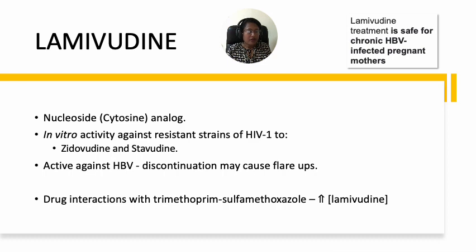Drug interactions with trimethoprim-sulfamethoxazole could occur, and this causes an increase in lamivudine concentration. Lamivudine treatment is safe for chronic hepatitis B infected patients who are pregnant mothers. It's one of the pregnancy-safe choices with HBV.